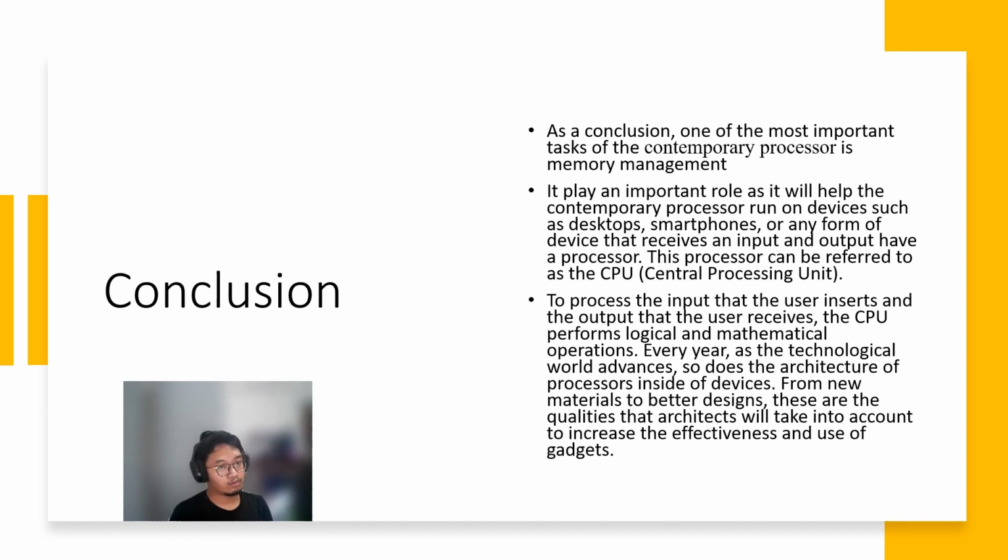Without memory management on the contemporary processor, the CPU will run very slowly and it will make the technological advances not reliable anymore. That's all from me and my group. Thank you.